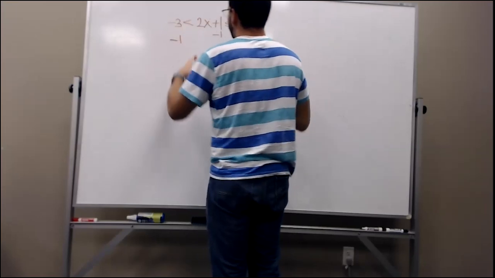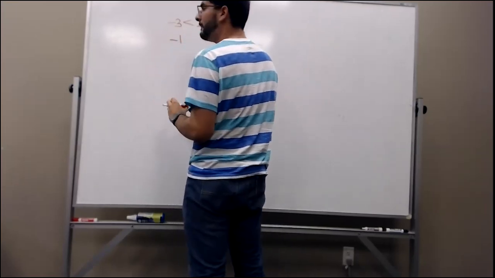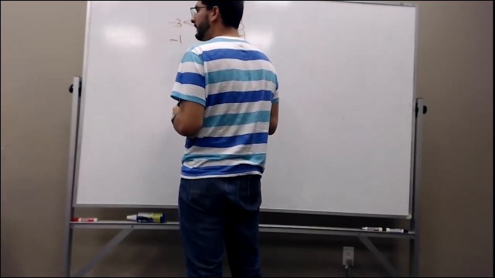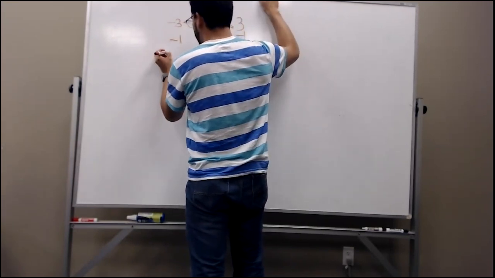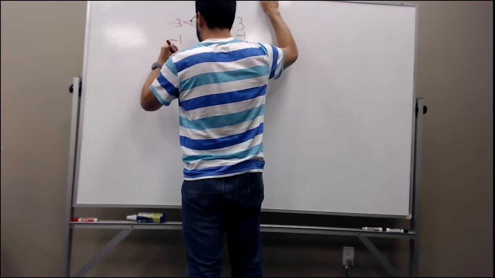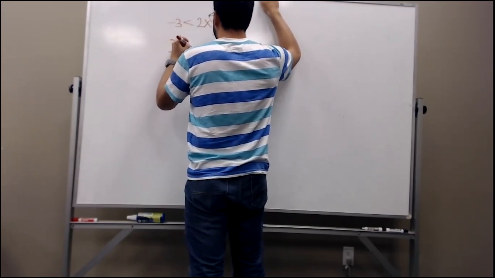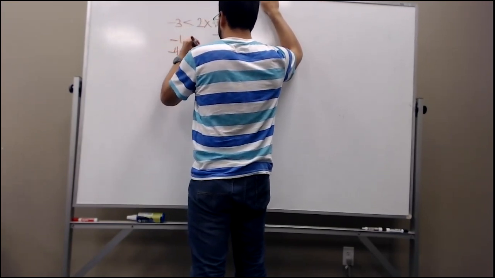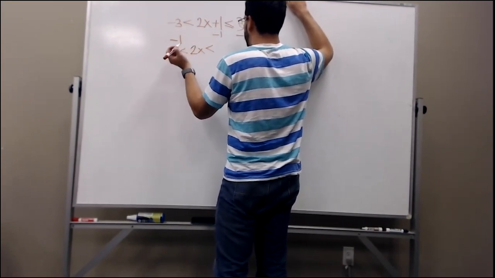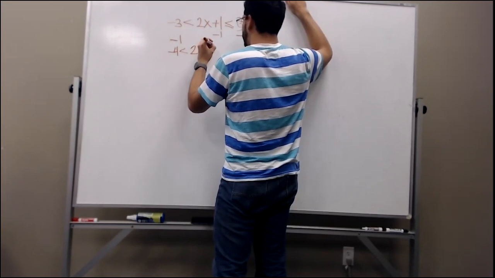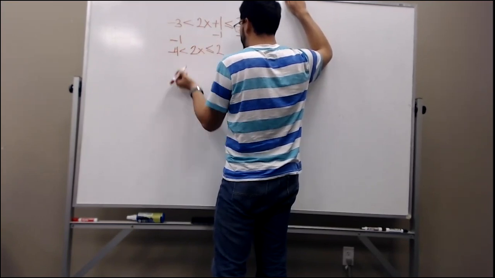If you're doing anything, you got to do it to the whole set. So you get minus 4 less than 2x, which is less than or equal to 2.